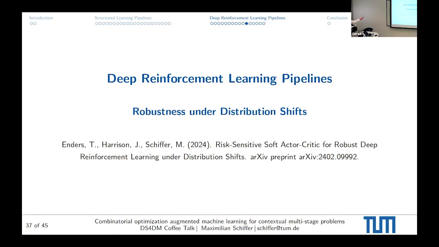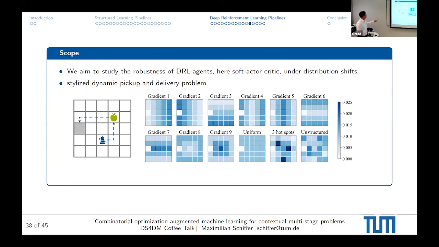Is the robustness, right? So robustness under distribution shifts. Basically, what I'm interested in: let's take some stylized environment, some pickup and delivery problem. So some item pops up, I want to pick it up and drop it somewhere. I will train that with ERL on some distribution of demand, which might be gradient 1.